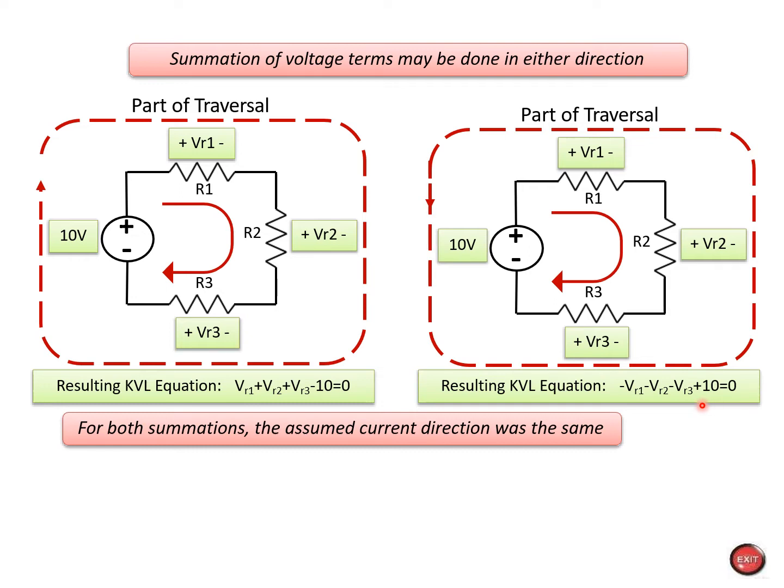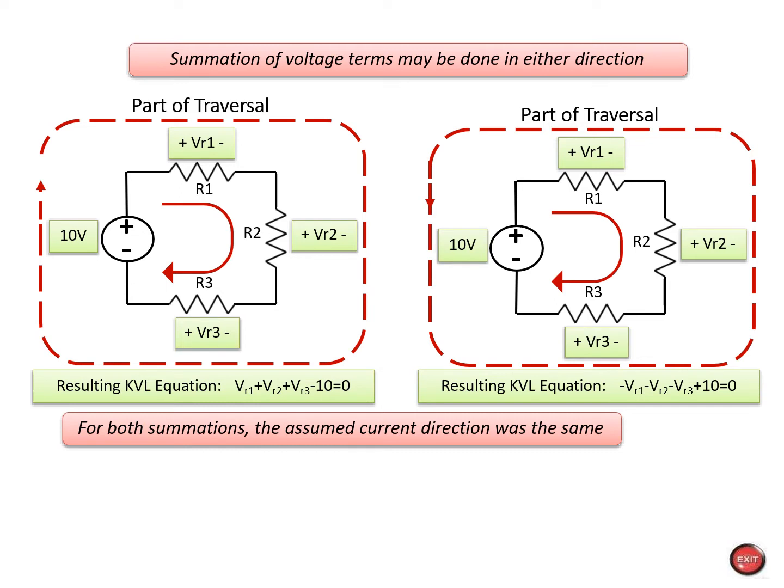So in this situation, the assumed current direction is the same, from the positive terminal to the negative terminal, but the only difference is that the equation is multiplied by minus 1. If you observe both resulting equations, the second one is as if multiplied by minus 1, since we imagine our movement in the opposite direction to the flow of current.